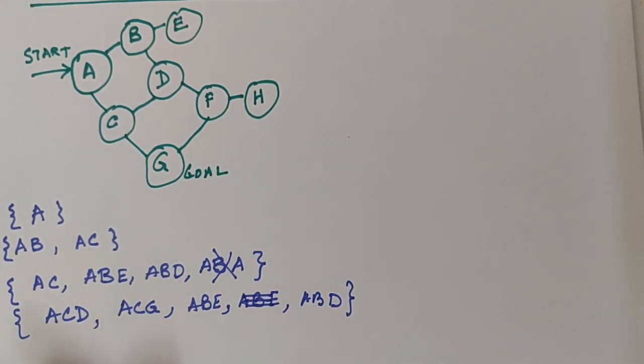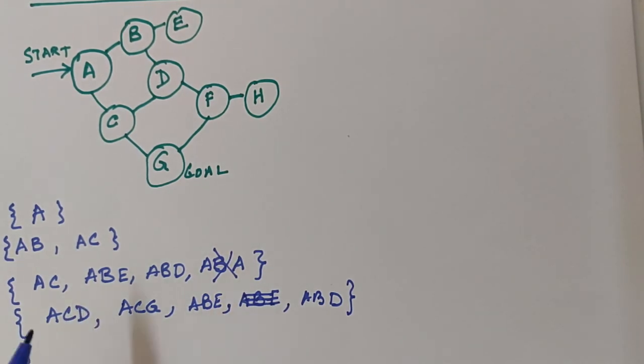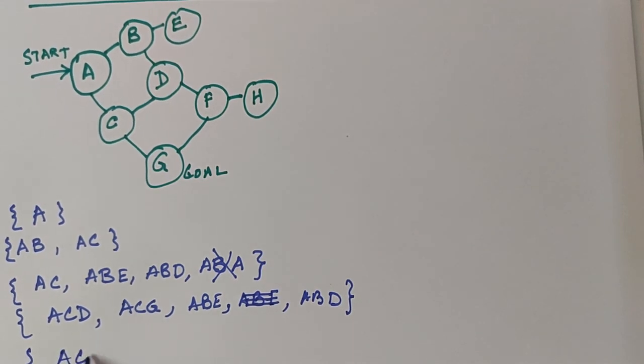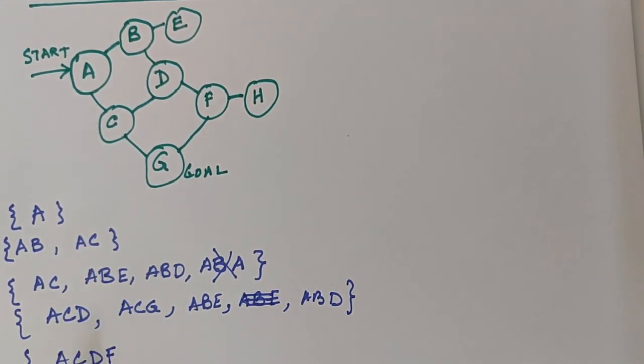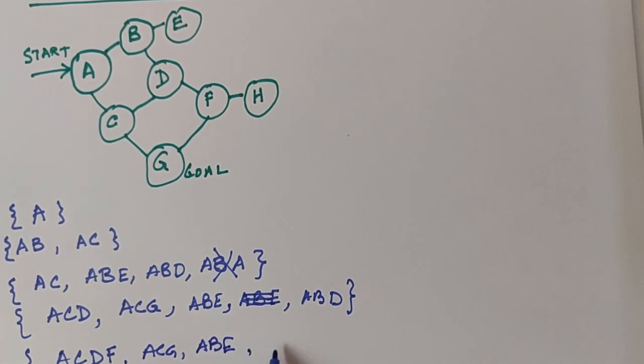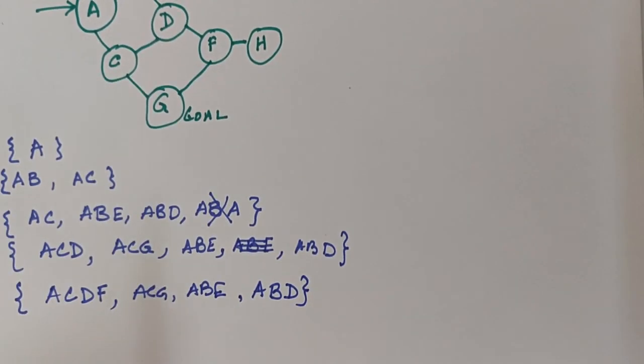I remove ACD from the frontier. From D, I have already explored B, so I will not go to B, I will go to F. So ACDF. Now ACG, ABE and ABD remain, so there's a tie between these 3.